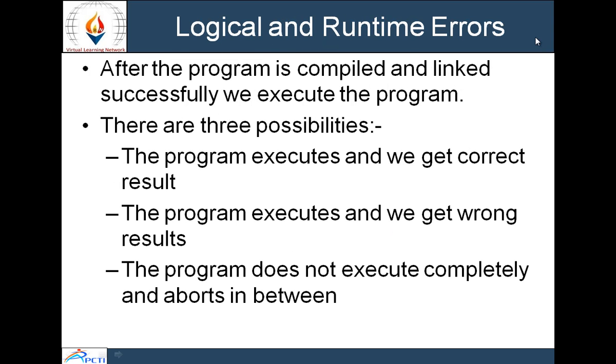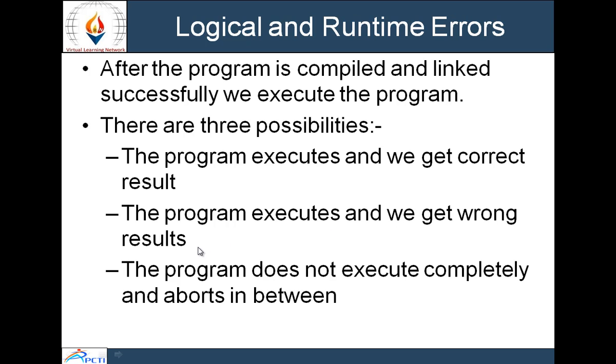Logical and runtime errors. After the program is compiled and linked successfully, we execute the program. There are three possibilities. First, the program executes and we get the correct result. Next, the program executes and we get wrong results.